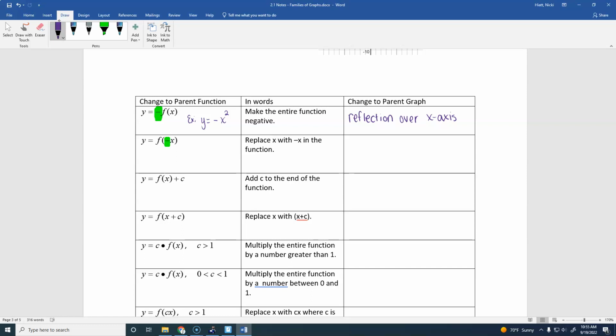Now the difference here would be, if we're thinking about an x squared function, for the next one, it would look like this if I had a negative on the inside of the parentheses. So the negative is on the inside of the parentheses here. What does that do differently?